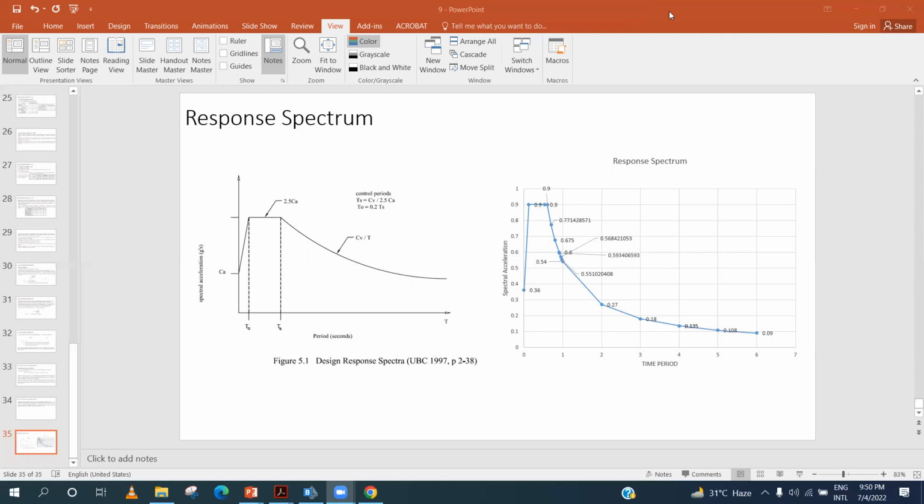Response spectrum is basically, as I told you, we design buildings or bridges in our code based on a specific return period earthquake. So for a specific return period earthquake, the first point is a specific location, specific ground motion, specific earthquake, specific ground condition, and the response of different time period structures.